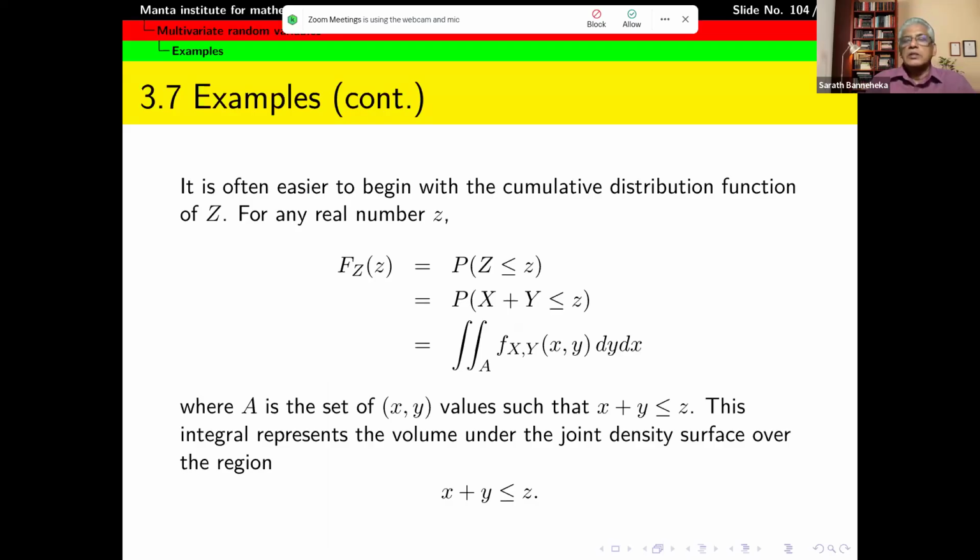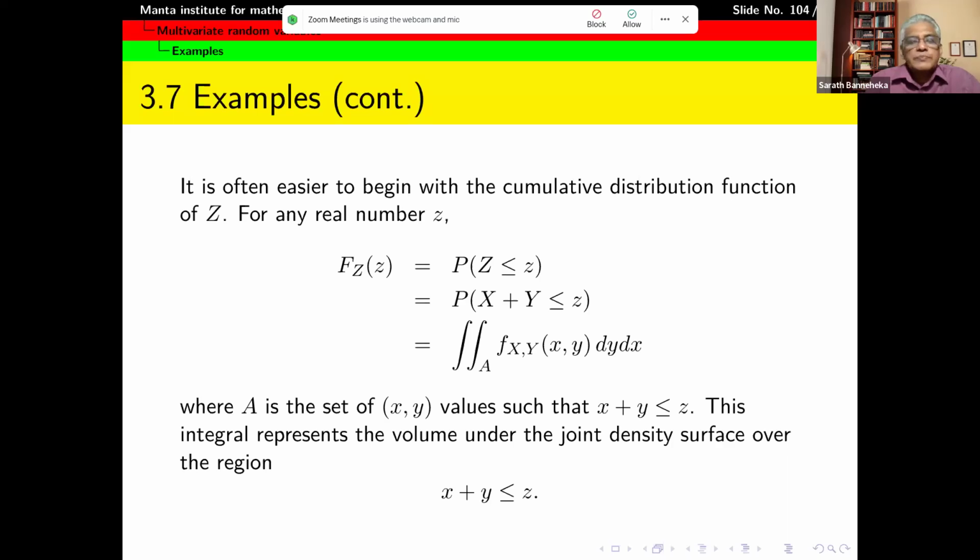In order to get the density function of Z, we will use the method called the CDF technique. That is to first derive the cumulative distribution function, and then by differentiating that, we get the density function.